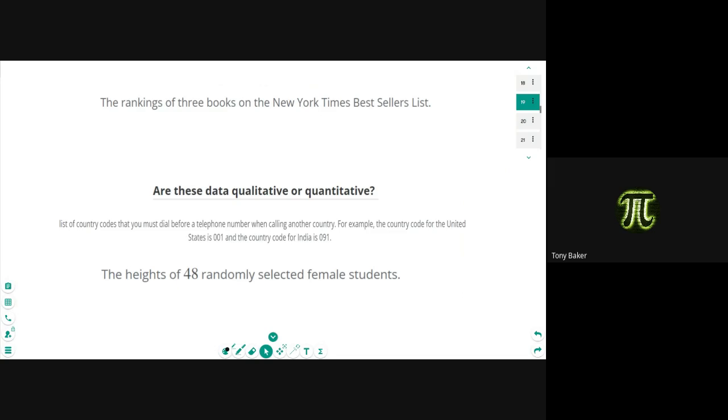So, a list of country codes that you must dial before a telephone number. We never have to do this anymore because you don't have to dial the 1 before the area code, it's just assumed. However, if you're calling any other country, you have to add that in. So is that a qualitative or quantitative data point? Qualitative.